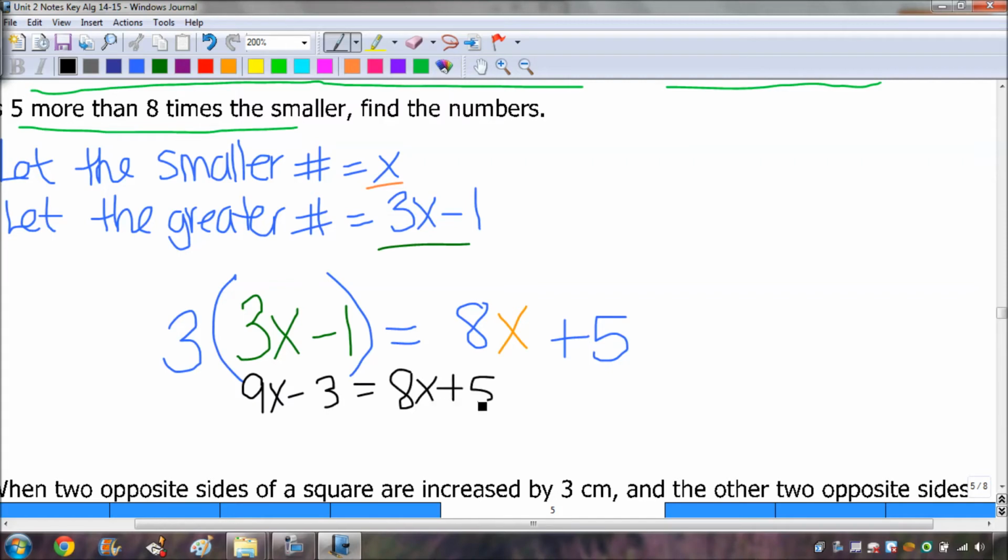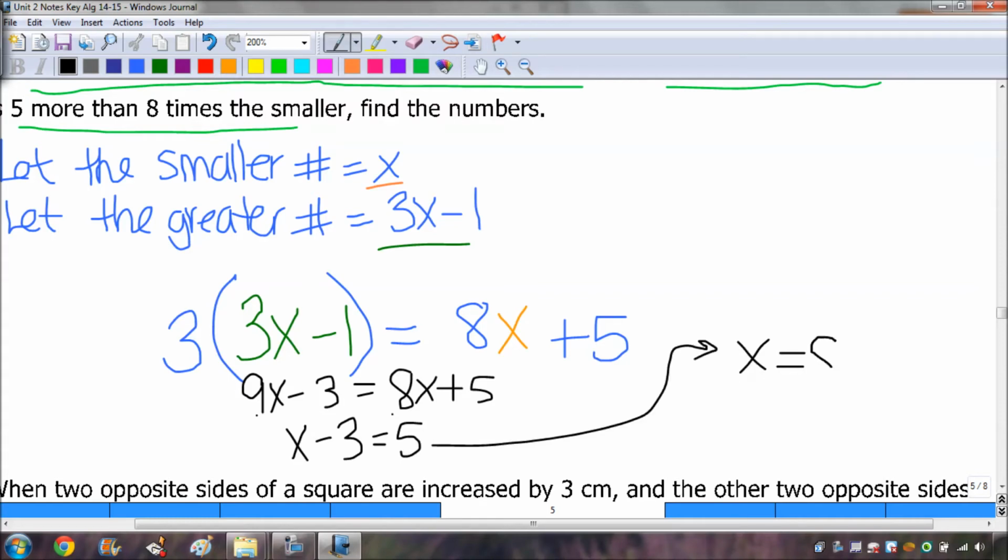I can subtract this 8x from both sides, right? So I end up getting 9x minus 8x is 1x, minus 3 equals 5. Then I can add the 3 to both sides, so I end up getting x equals 8.